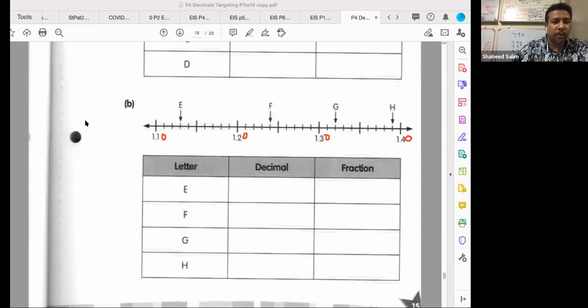Izzat, great for E. Shalina, good for F. Umaira, good for E. Shalina, good for G, and good for H. Umaira, good for F, good for G. Okay, well done, Mr. Izzat. 1.39. Well done, Umaira. Congratulations to both. I think what about the fraction, Miss Shalina?